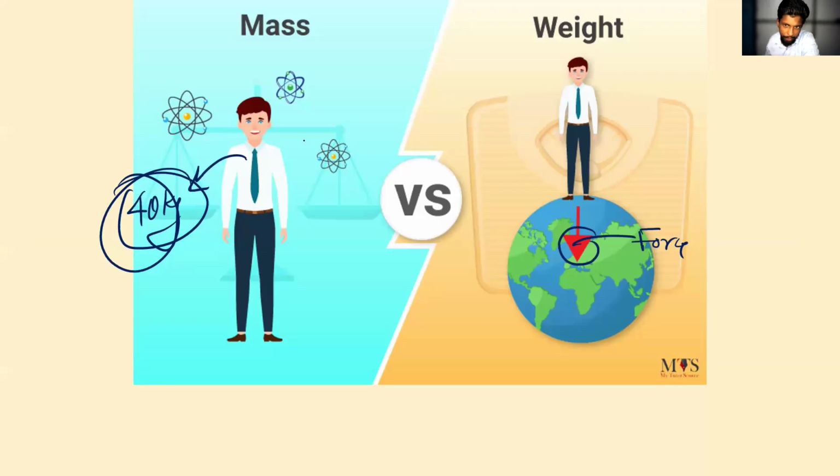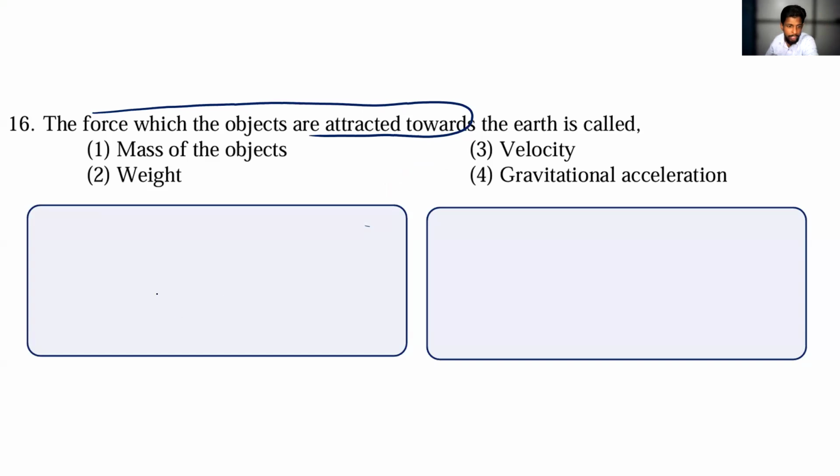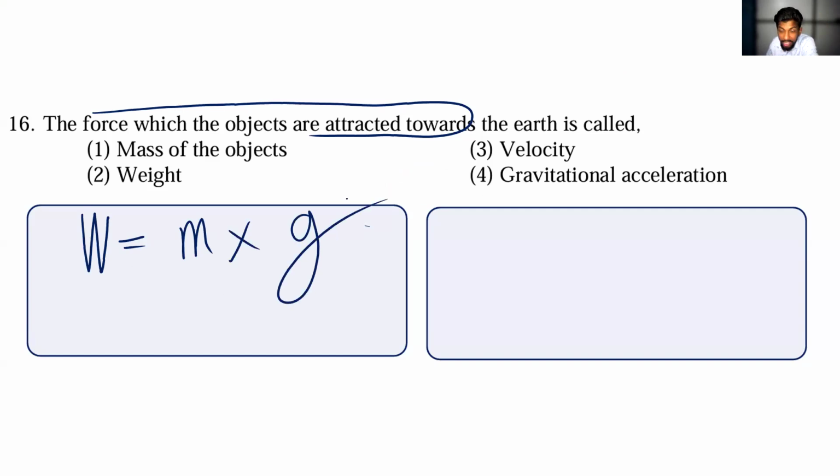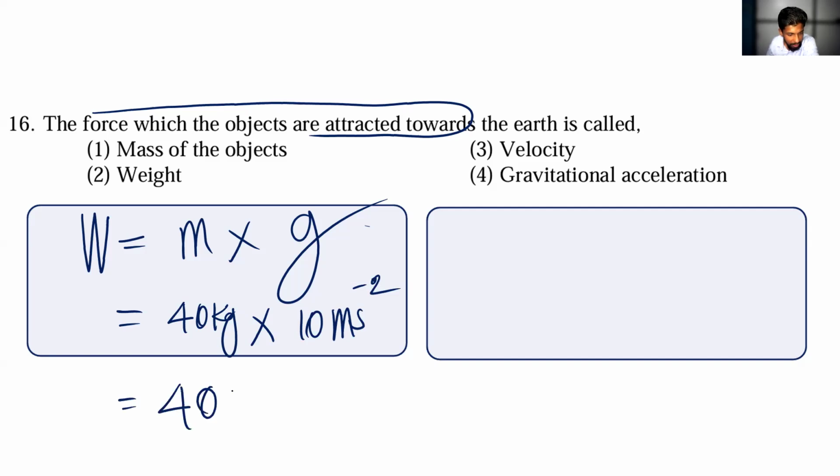Now we'll calculate the value. We have already discussed the equation: weight is equal to mass times gravitational acceleration. So mass is 40 kilograms, gravitational acceleration is 10 m s^-2. So the answer will be 400 newtons.